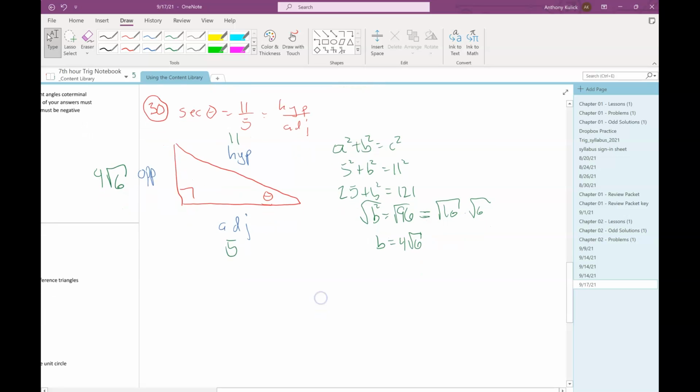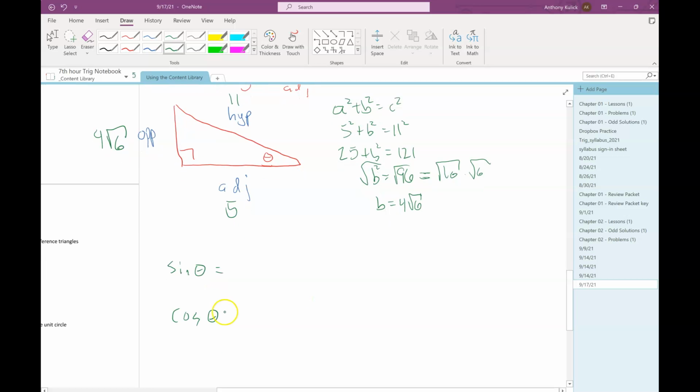Okay. So now that I've found all the side lengths, I can find the values for sine theta, cosine theta, tangent theta. I already have secant theta, so I don't need to do that one, and cotangent theta.